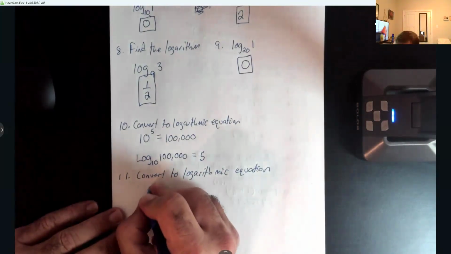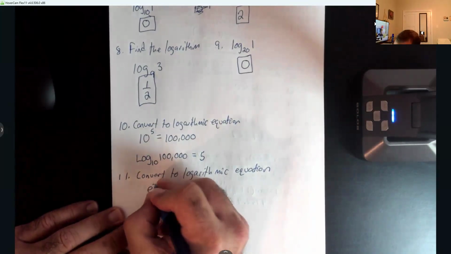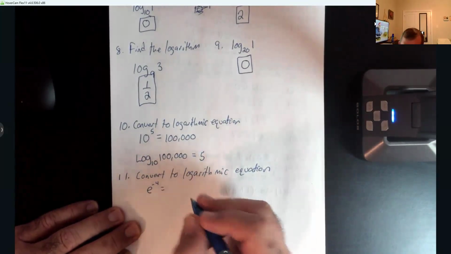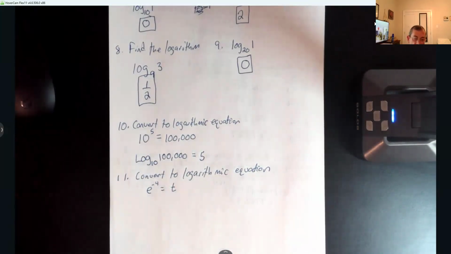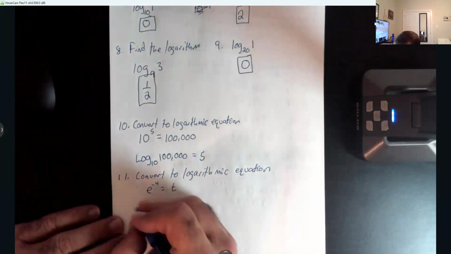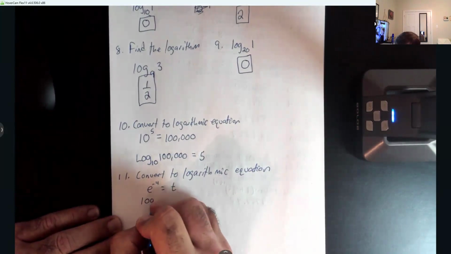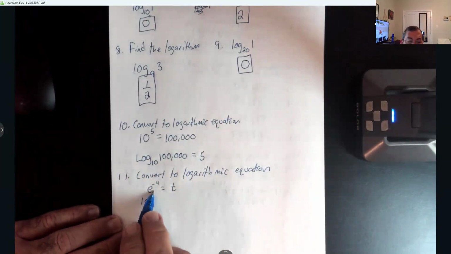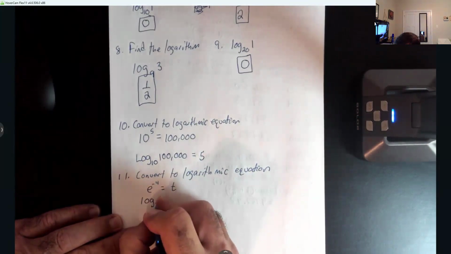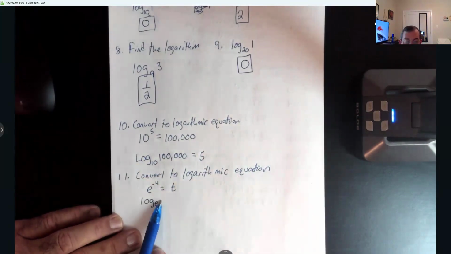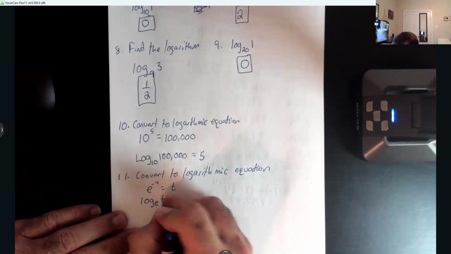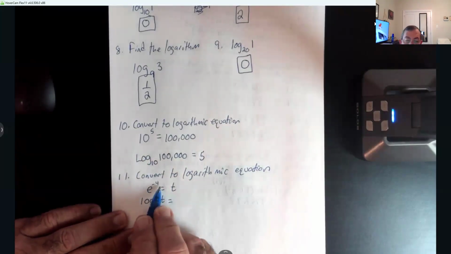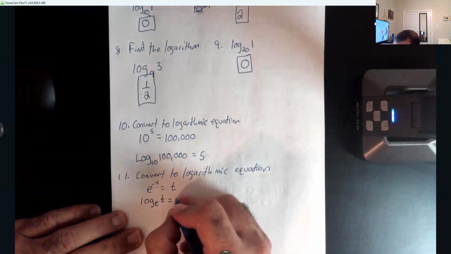Now this one has e to the negative 4 equals t. Alrighty, so we're turning it into a log. The base of the log is the base of the exponential, which is an e. The result of the log is the result of the exponential, which is t. And that equals our exponent, which was negative 4.